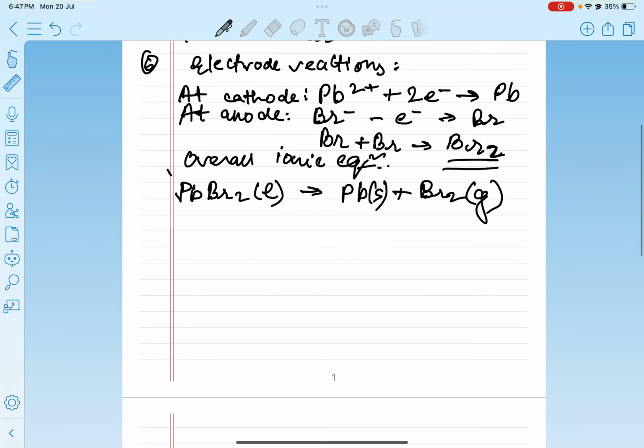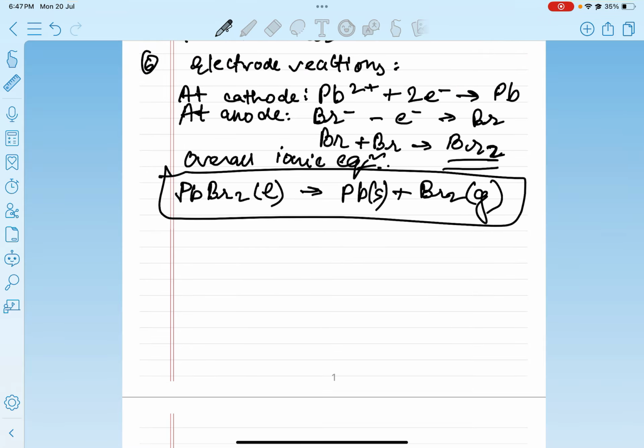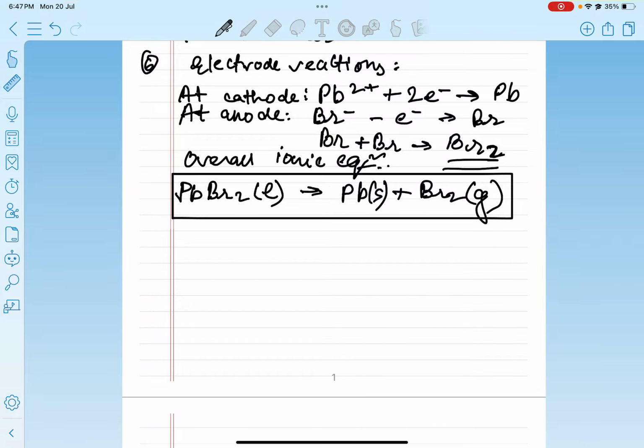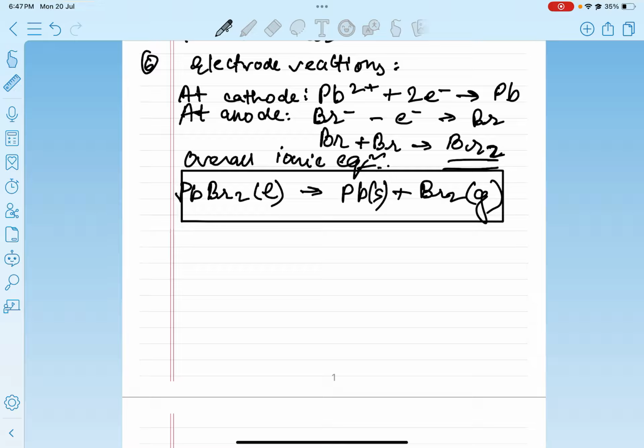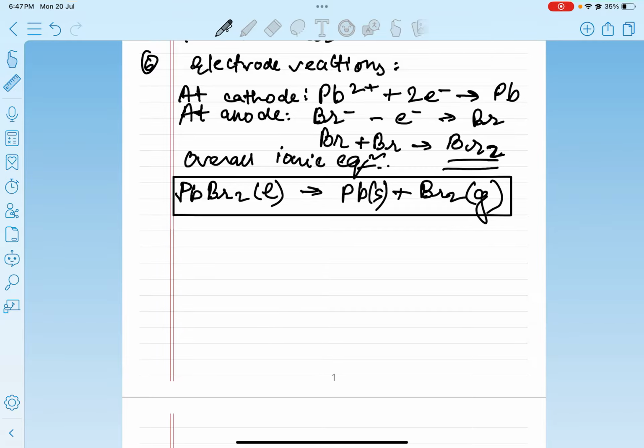This is my overall reaction, and I hope you can write the electrode reactions also. Pb2+ gains the 2 electrons it lost to become neutral lead atoms, and Br- loses the 1 electron it gained to become Br, and Br plus Br combine to give Br2.